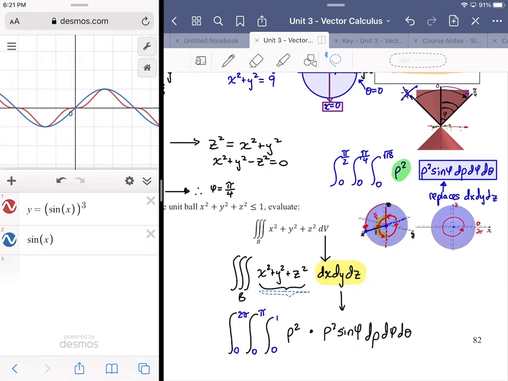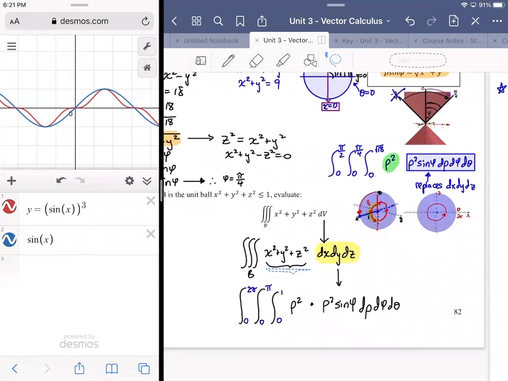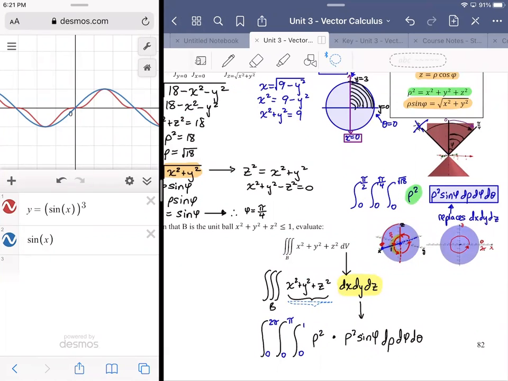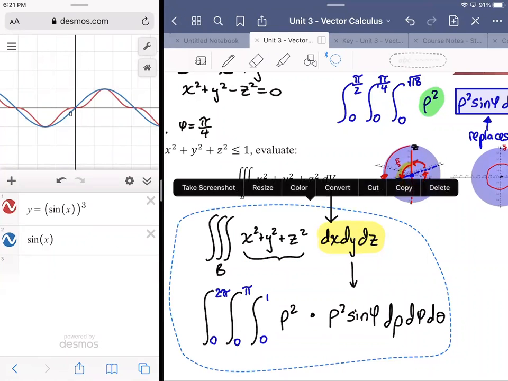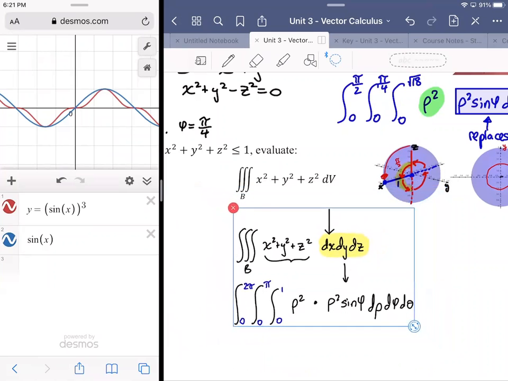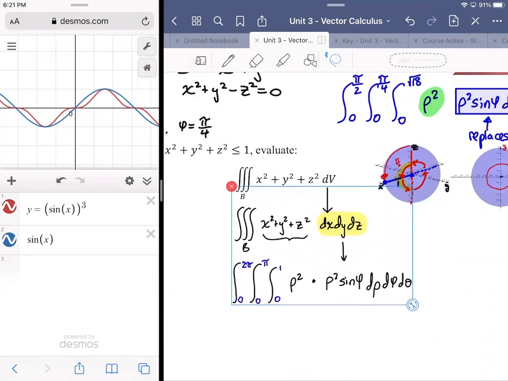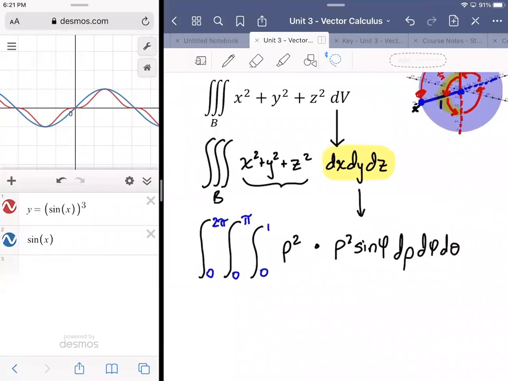Okay. So then in the process of solving this or evaluating it, we're going to clean it up. Let me just shrink it down so I have some room. Not much to clean up, which is good.